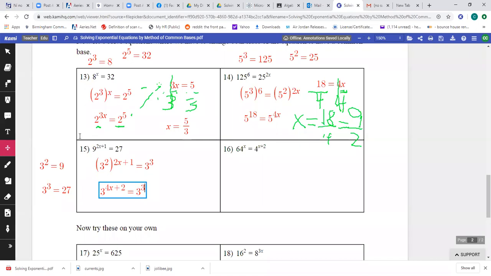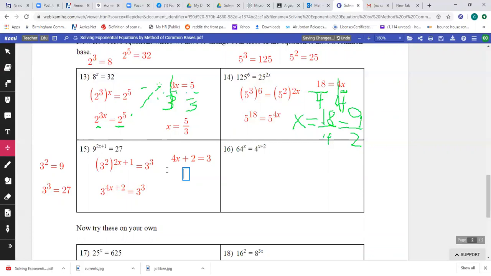So now that the bases are the same, we could set the exponents equal to each other. So this will be 4x plus 2 is equal to 3. So once again, once you get the bases to be the same and the exponents simplified, drop the bases and just have the exponents equal to each other.